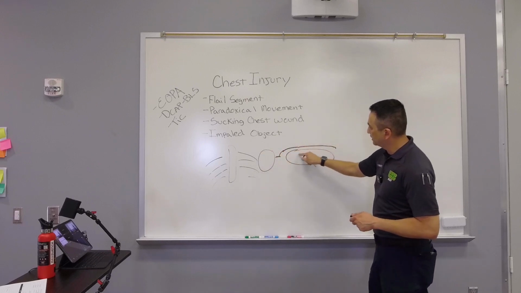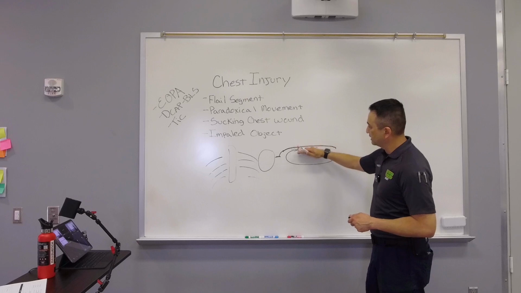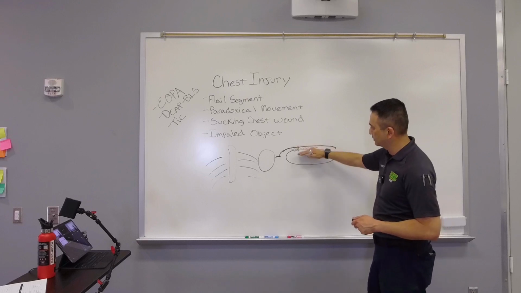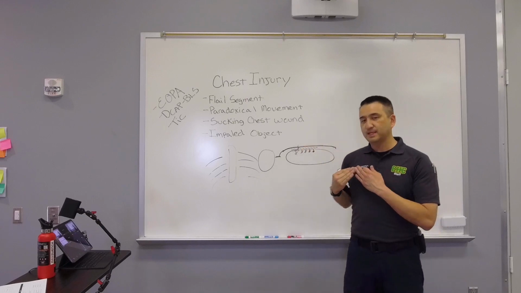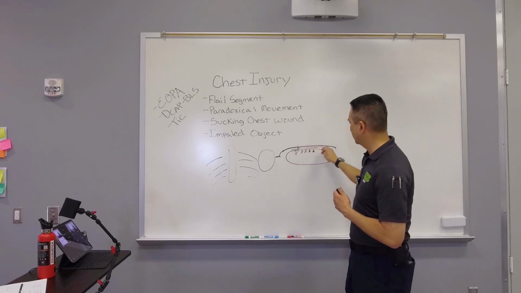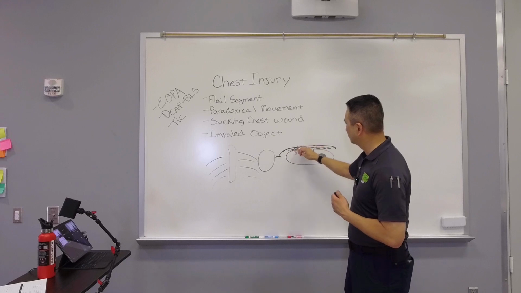So if there's a hole right here, and air is leaking out into that pleural space, it's going to start creating tension and pushing the lungs downward, right? So it's creating pressure, it's pushing the lungs down and collapsing that lung, because there's air trapped in that little pleural space between the lungs and the chest wall.